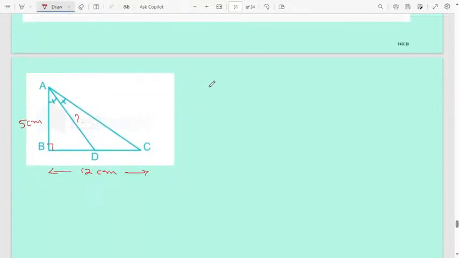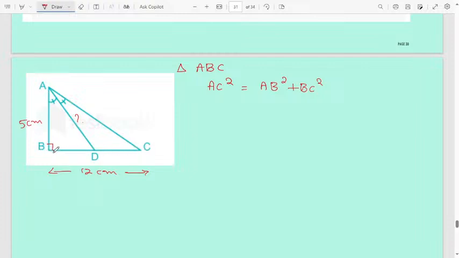Now AC square is full. Consider the triangle ABC, the bigger one. Later we will get AD, first we find AC square. It will be equal to AB square plus BC square, because they have given the value of the full length BC.